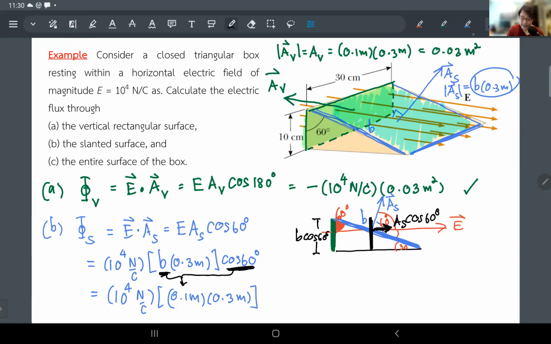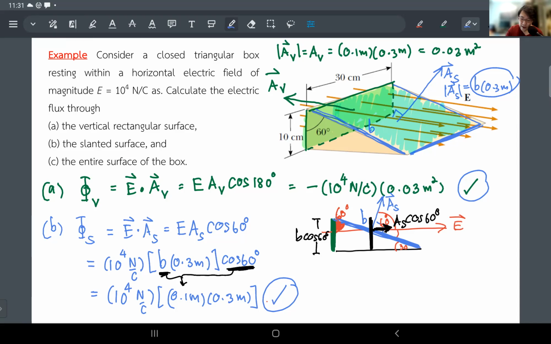And can you notice that it's exactly the same between the two? It has to be, because when you look at these two surfaces, on the green, vertical surface, the electric field lines enter the box, but then eventually they all leave the box with the same amount.